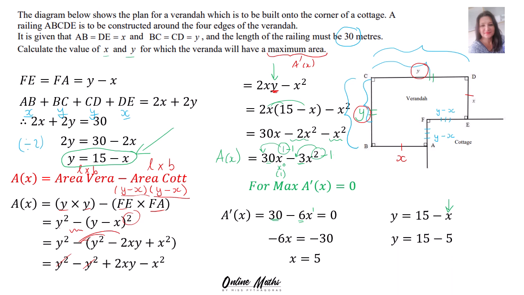So in X's place we substitute 5. 15 minus 5 is 10. So the dimensions X is 5 and Y is equal to 10. They will give you a maximum area.